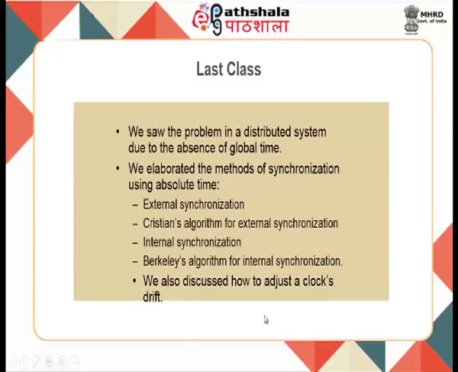So, in the last class we saw how external and internal clocks can be used to keep our server times synchronized. We saw that since servers are geographically dispersed, we need to synchronize them so that various events are given the correct time and are done in a coordinated manner.